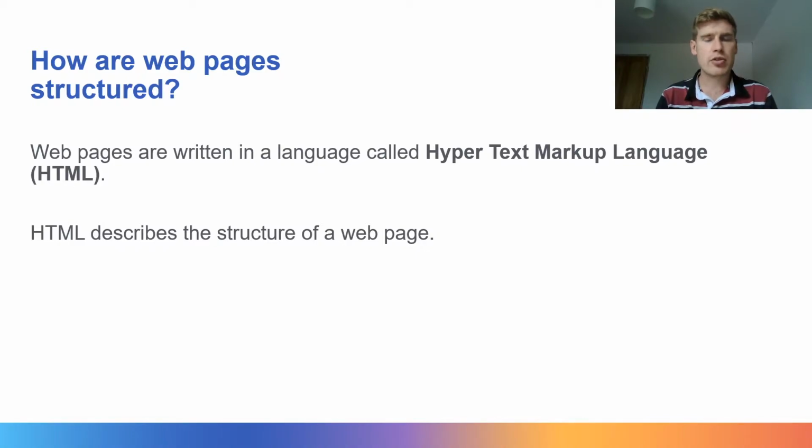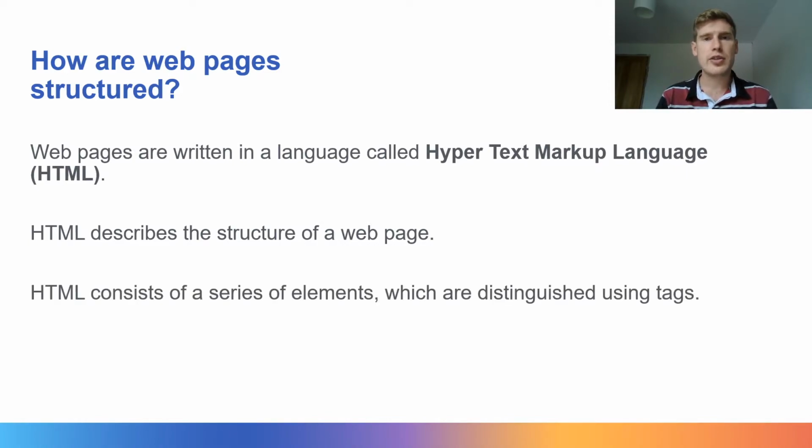So it describes the structure of a web page, and in turn that allows us to navigate the web page and to extract the information that we need. So how does it structure the web page? Well, HTML basically uses a series of elements. So these elements are what we're familiar with when we're writing documents in general. There are headings, there are paragraphs, there are images, there are tables, there are lists, there are videos, there are sidebars and top bars, etc.